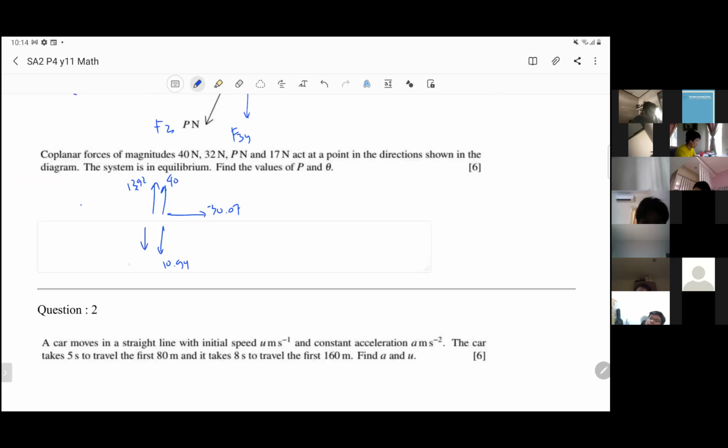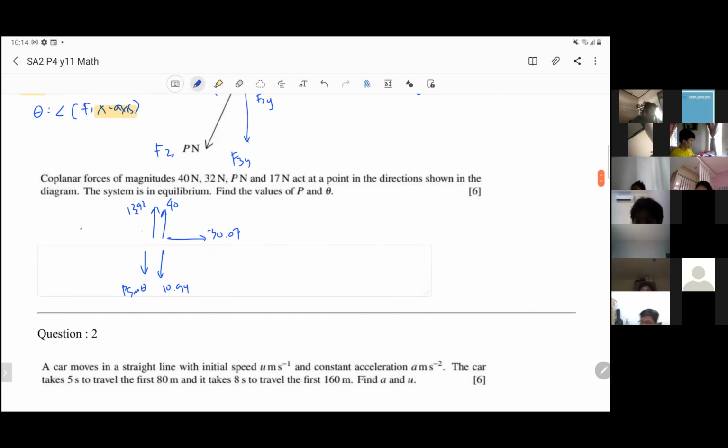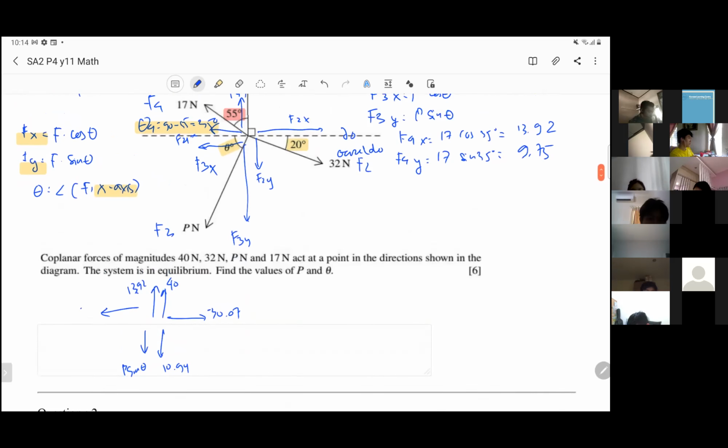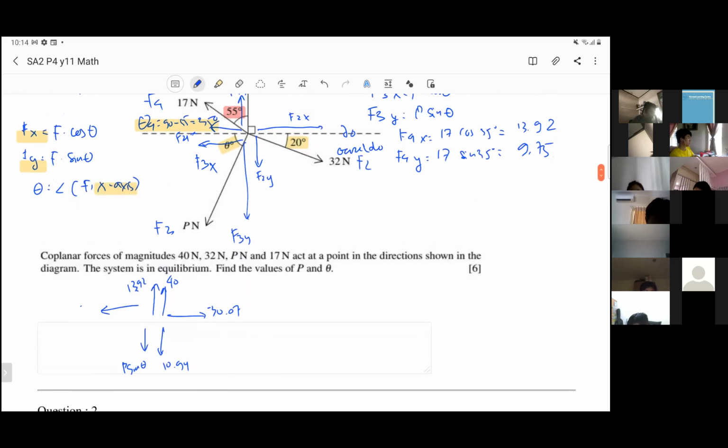And also going down, P sin theta, which we don't know yet. Going to the left, there's also two. We have F3X, which is P times cos theta, and F4X, 13.92.